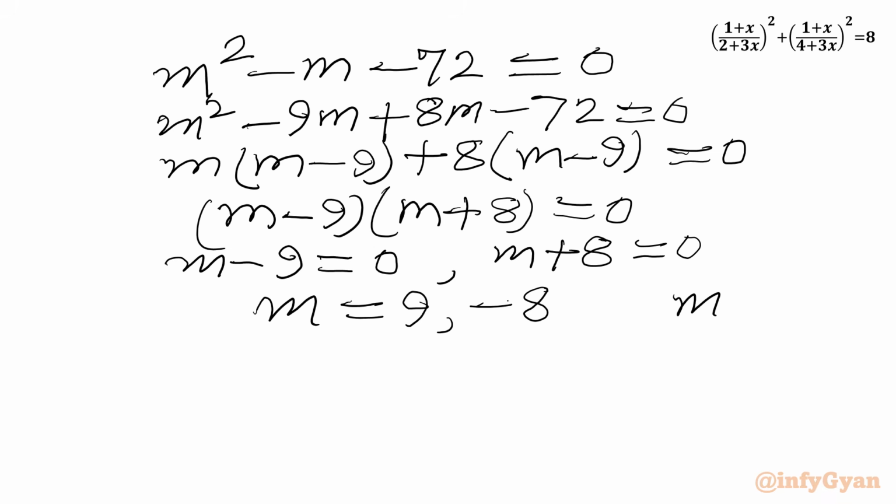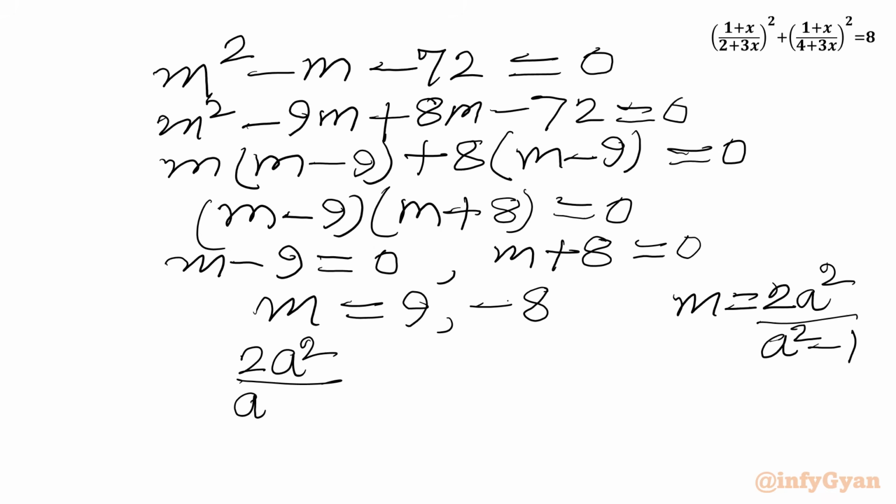Now m was 2a square over a square minus 1. So we can write 2a square over a square minus 1 equal to 9, or equal to minus 8. So we have to solve two equations.